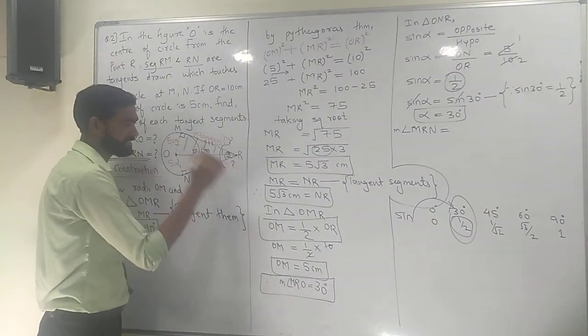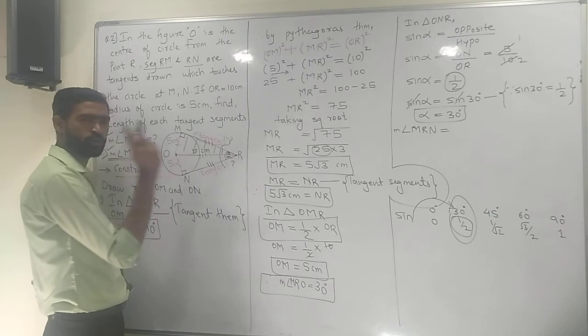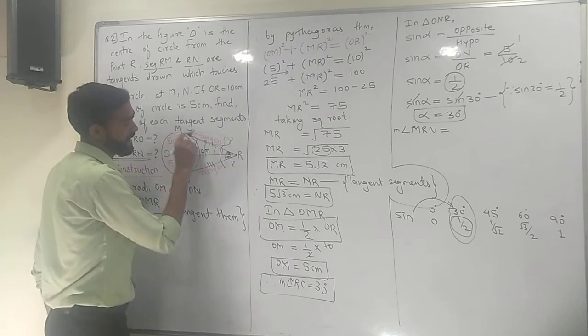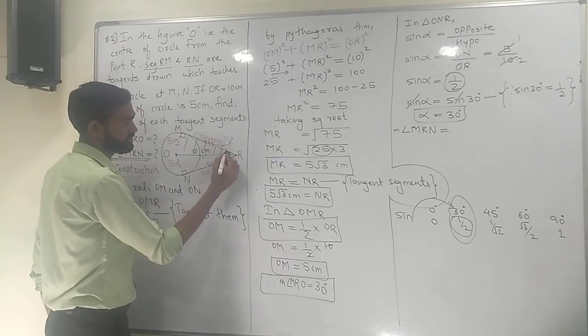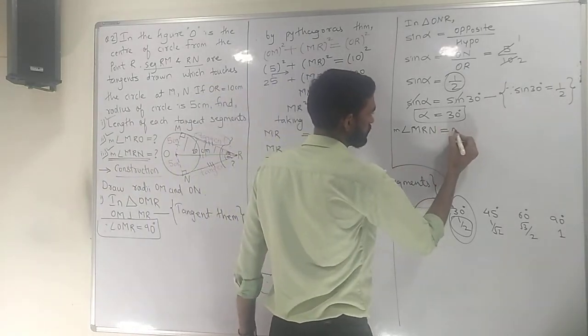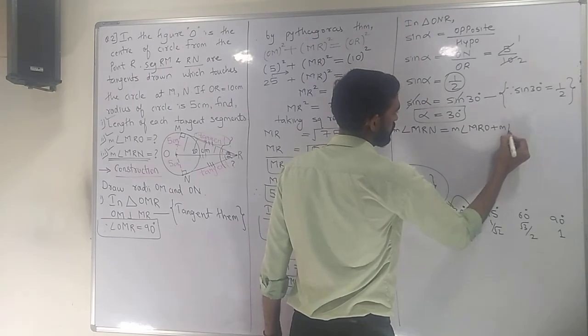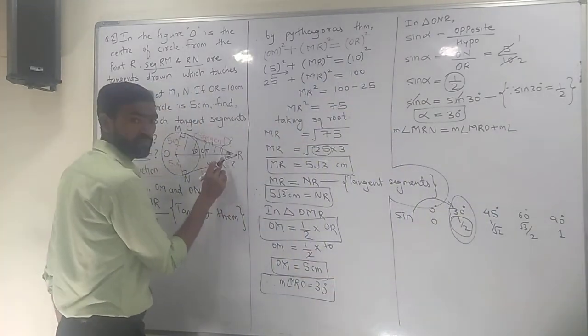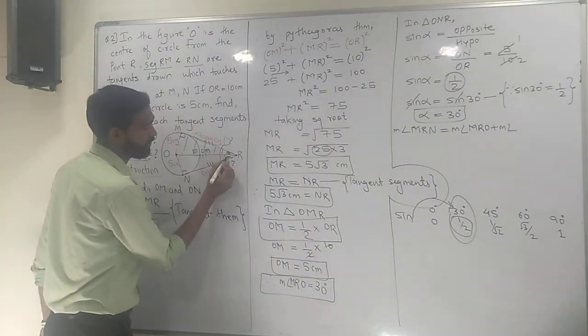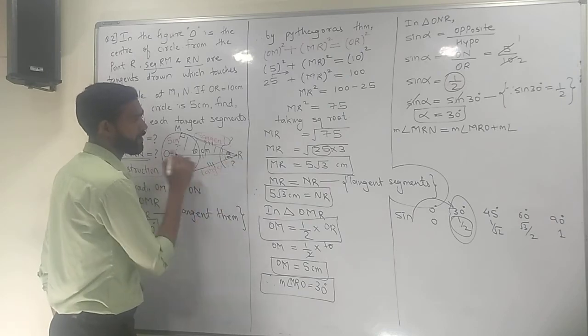MRN means this larger angle. In this larger angle, you will find two small angles. One is MRO, this theta, plus one more angle, this lower angle which we found just now, this alpha, NRO.